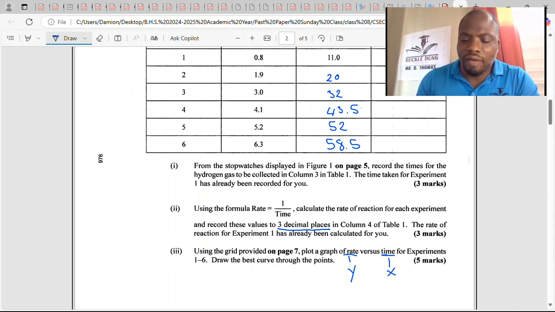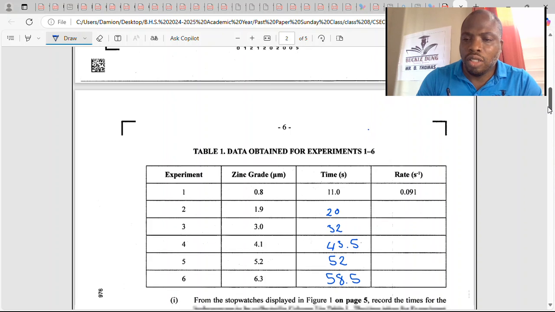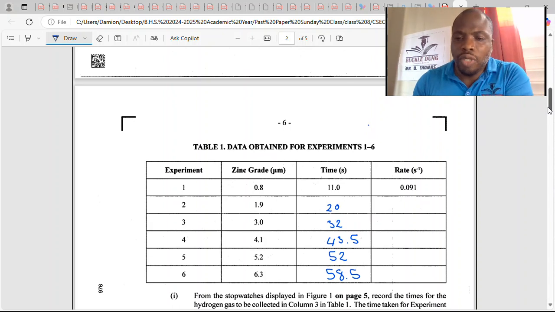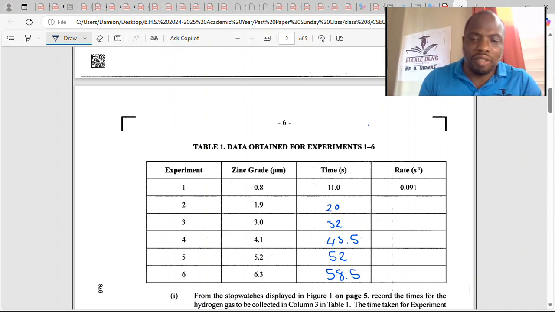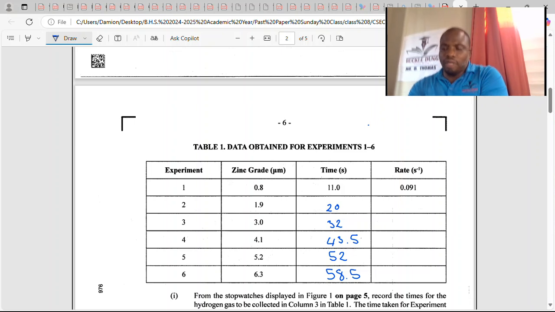So with the graph, we need to come back and work out the rate, and remember the 3 decimal places. We know they must have divided, so 1 divided by 11, that's how they would have gotten this number. Check it and see if that's what you get, please. 1 divided by 11.